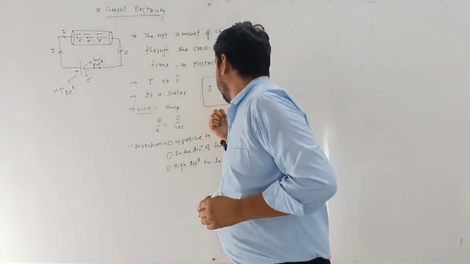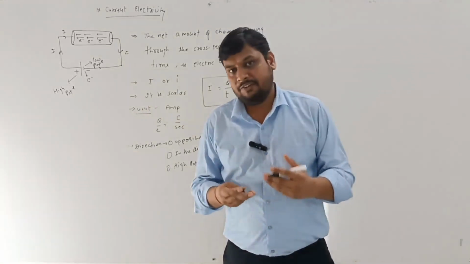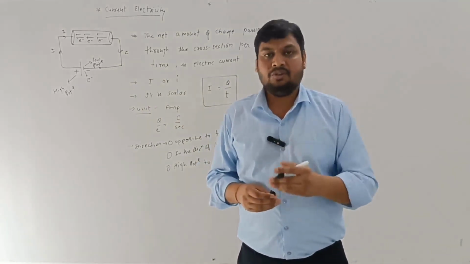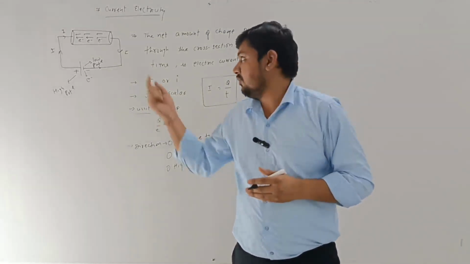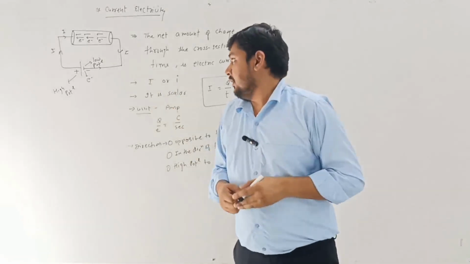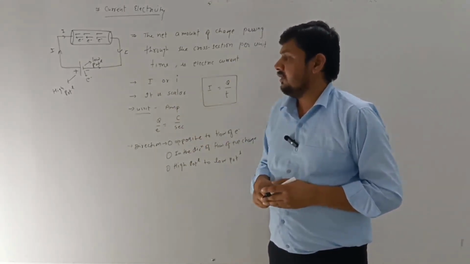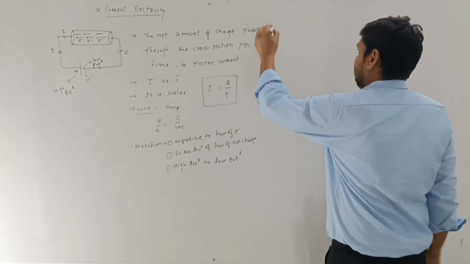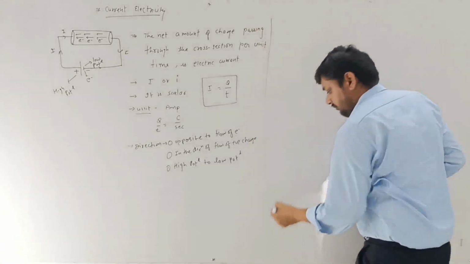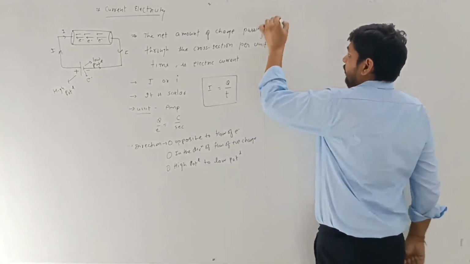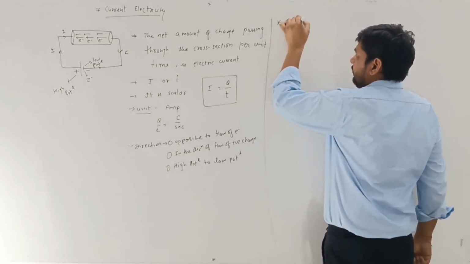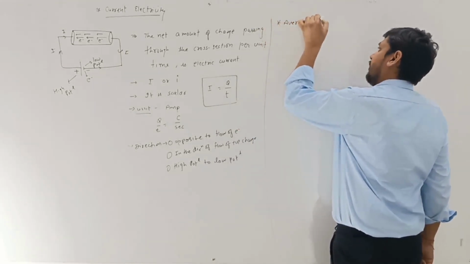Further, if in different time intervals a different amount of charge passes through the cross-section, then we can calculate the average current for this conductor.